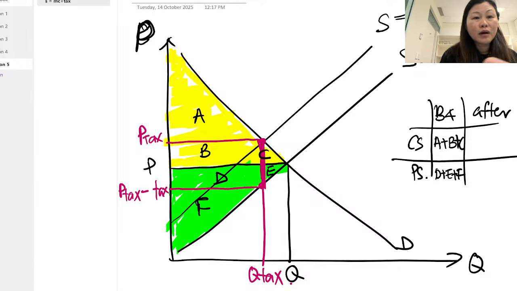Let's have a look at what happens with this tax. With the tax, this is our price.